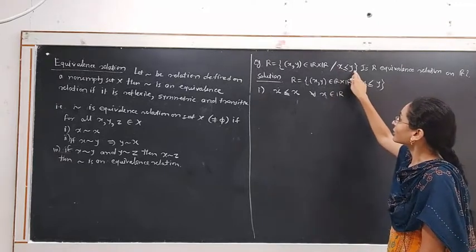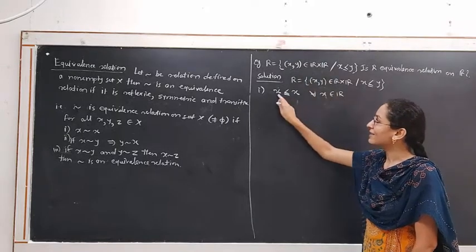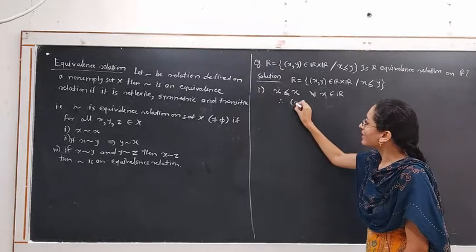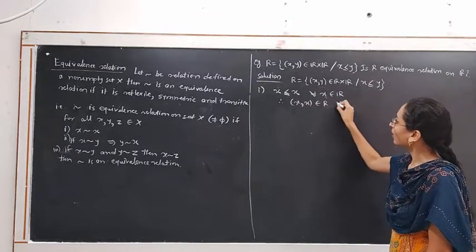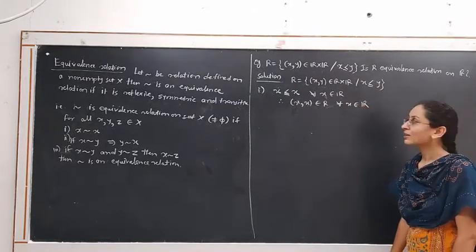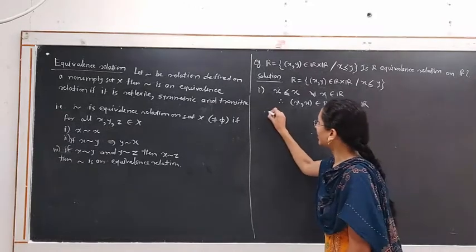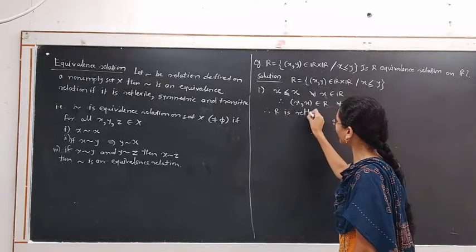If x is less than or equal to y, then the ordered pair (x, y) belongs to R. Here x is less than or equal to x, therefore the ordered pair (x, x) belongs to R for all x belongs to the set of real numbers. Hence R is a reflexive relation.